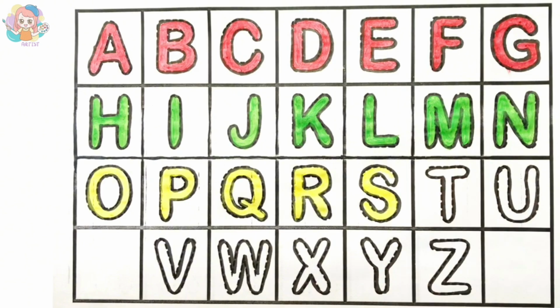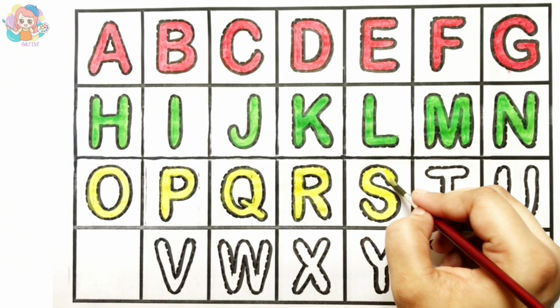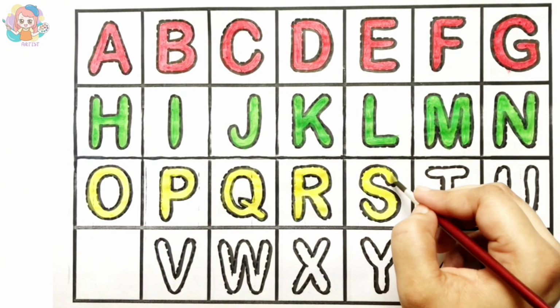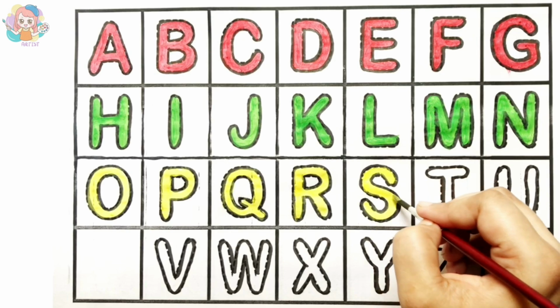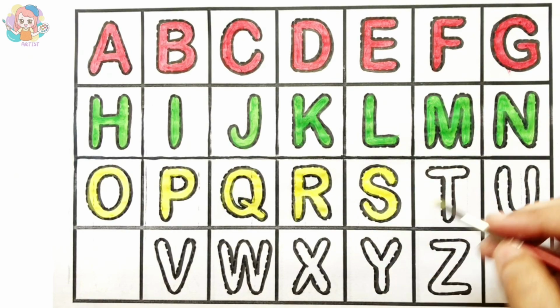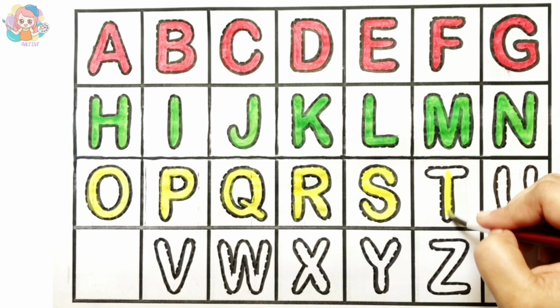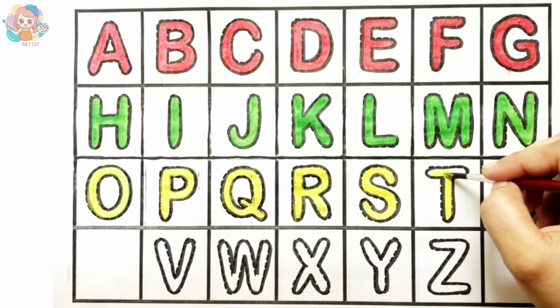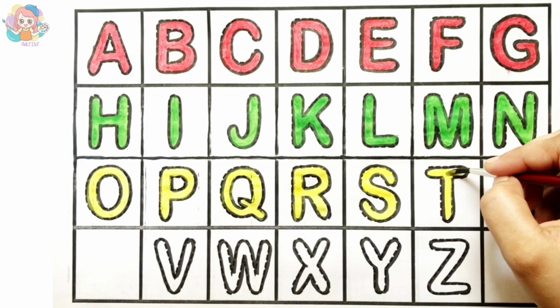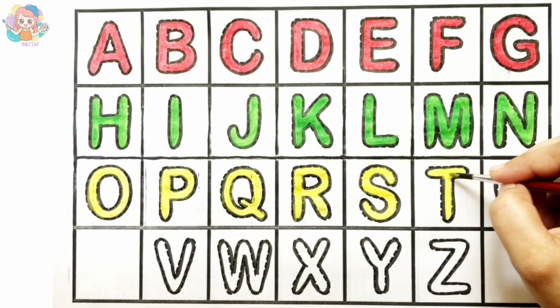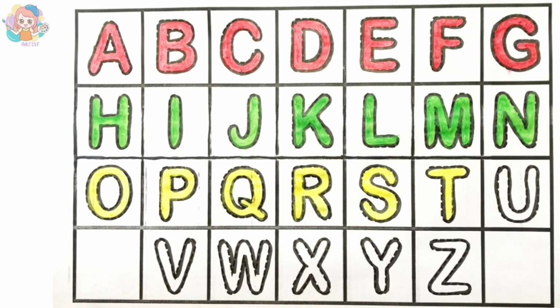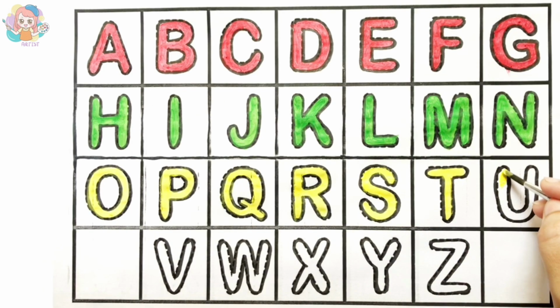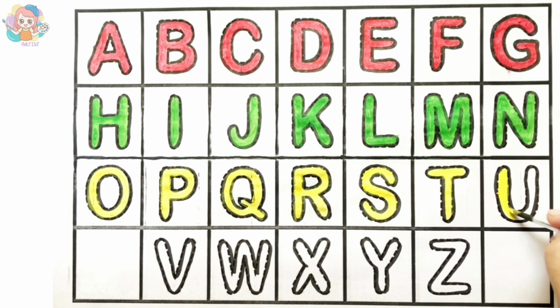A B C D E F G H I J K L M N O P Q R S T U V, T for Tiger. Y and Z. Happy, happy, I am happy. I can sing my ABCs.